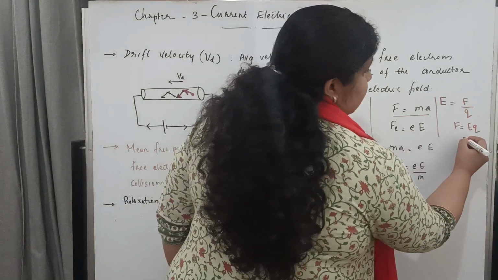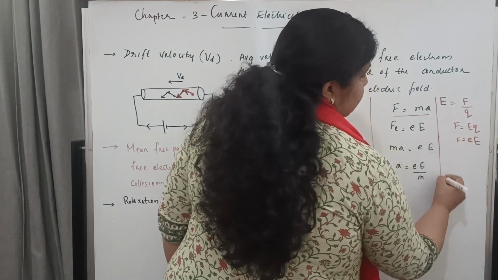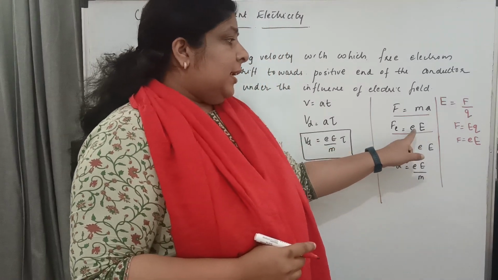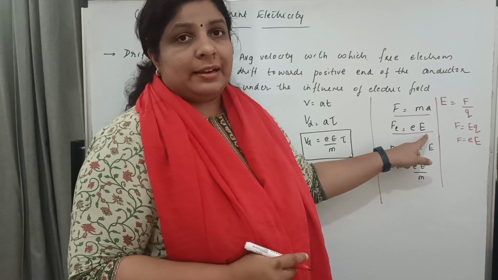So the electrostatic force is eE, where e is the charge of an electron and capital E is the applied electric field.